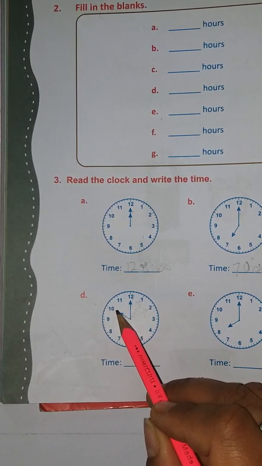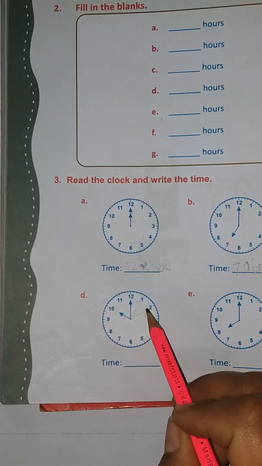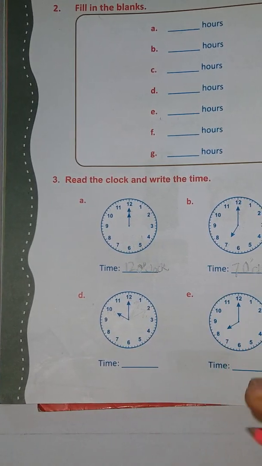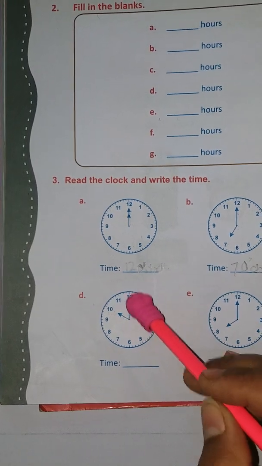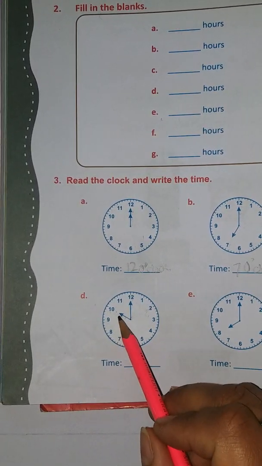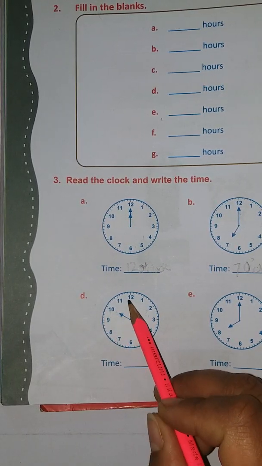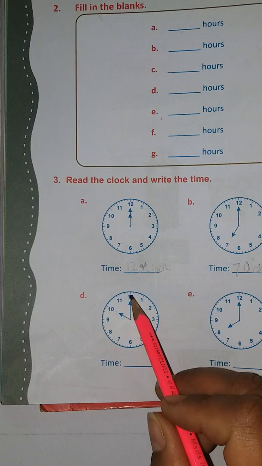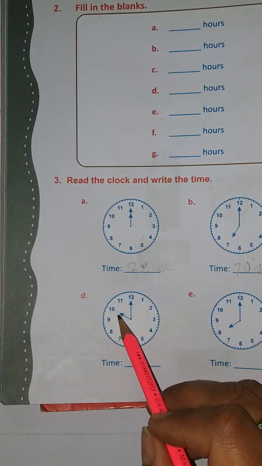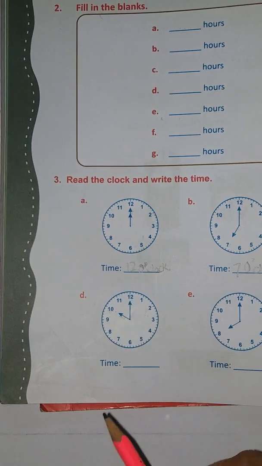That means ten baje kar 10 minutes. Okay. So now you have to tell only the exact time, not the minutes. The small hand tells us about the hour and the minute hand tells us about the minutes. So the time is right now exact 10 o'clock in this face.